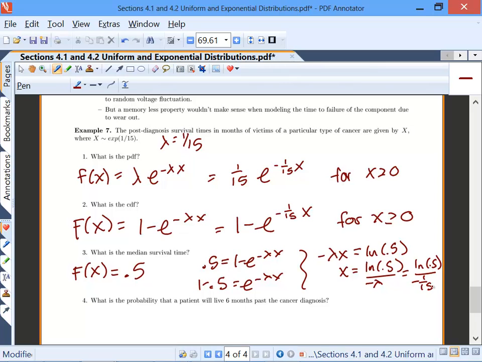Let's see what that gives me. It gives me 10.39. So my median, the middle value, half the probability below, half the probability above, is 10.39. If I didn't make any mistakes in my algebra, feel free to correct me.